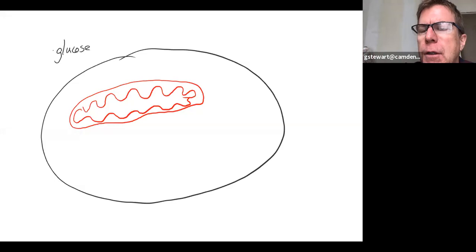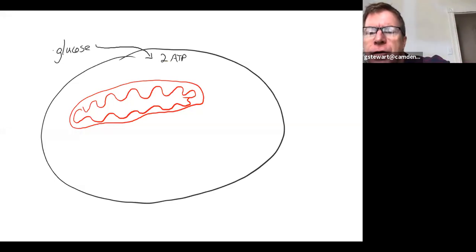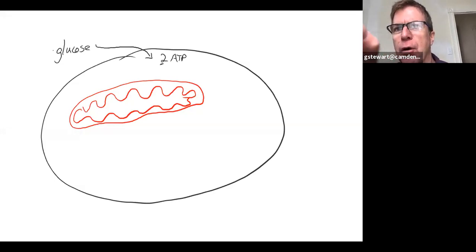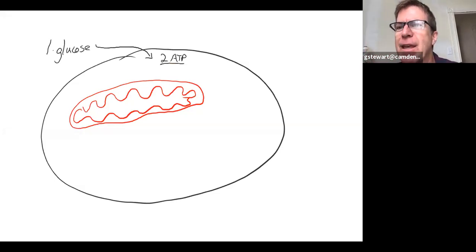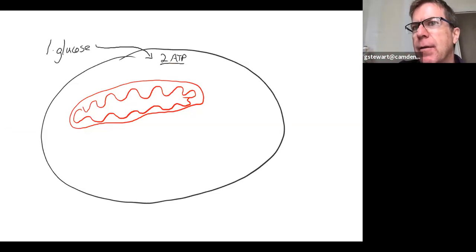When glucose gets transported across this membrane, it starts to get broken down and we produce 2 ATP molecules. That all occurs in the absence of oxygen. All right, 2 ATP molecules per 1 glucose molecule. Now, in the presence of oxygen, now we have oxygen in our bloodstream, and it diffuses out of our blood.